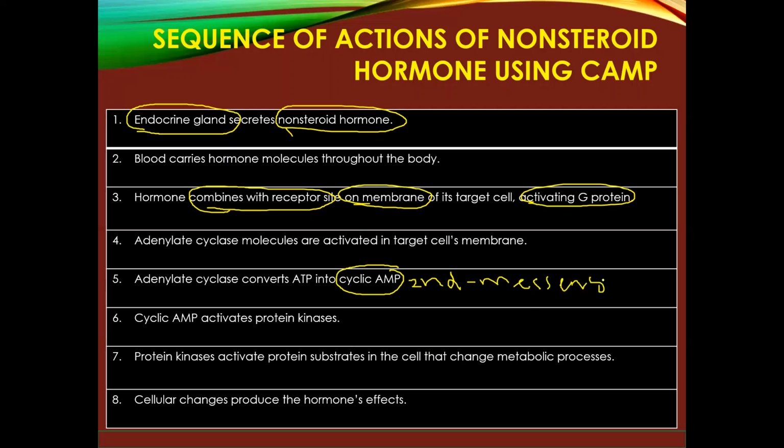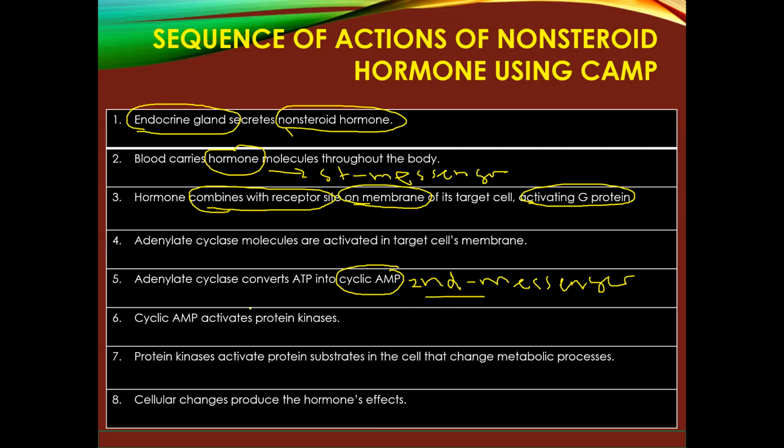And remember, this hormone itself is considered as the first messenger. So the first messenger combined with the receptor, activates the G protein, and it will produce the second messenger.